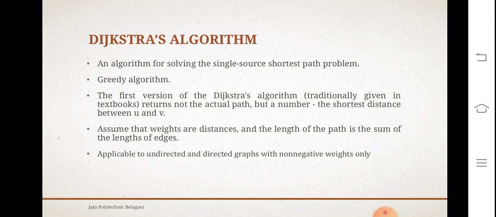This algorithm is applicable to undirected and directed graphs with non-negative weights only. Since in most applications this condition is satisfied, the limitation has not impaired the popularity of Dijkstra algorithm.